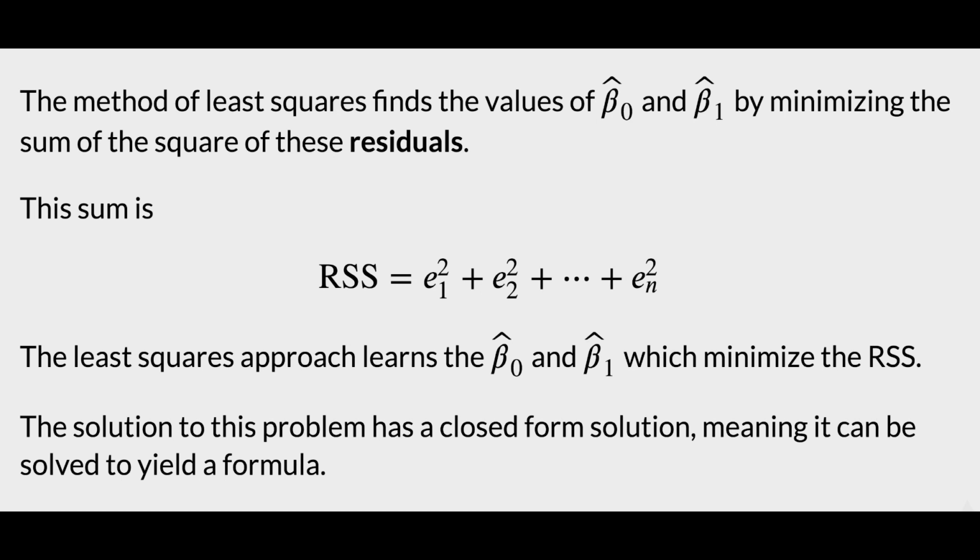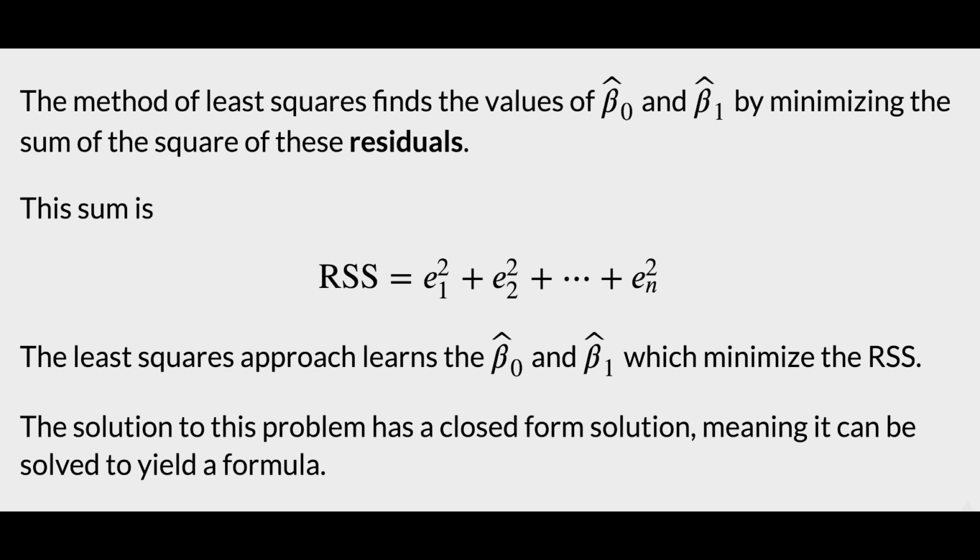So what we're looking at is this error as a whole, and the way we're going to do this is through the residual sum of squares, or RSS. You can see we're squaring each of these errors. So we're squaring each error over each of the n points in the data set, and we're adding up that total. The least squares approach is going to minimize this RSS.